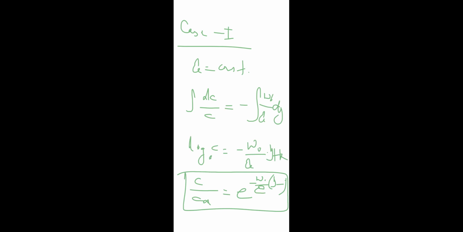When eddy kinematic viscosity is not constant, in that condition we use von Karman's universal constant. We use von Karman's formula. According to von Karman's formula, we have a relation dv by dy equal to v star by ky.